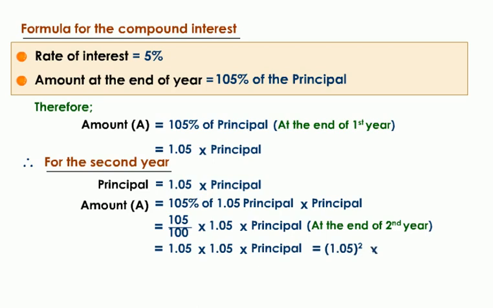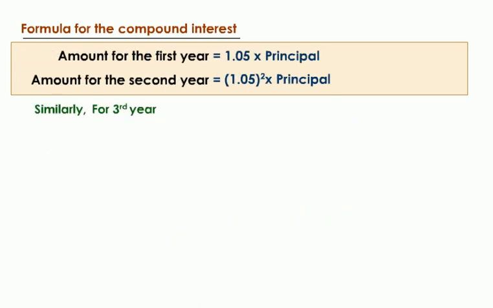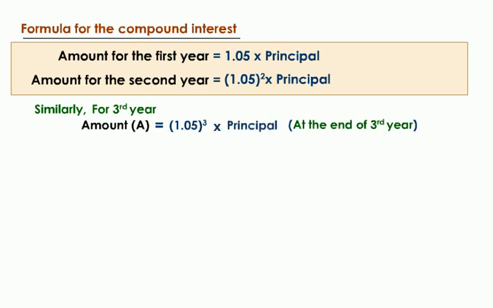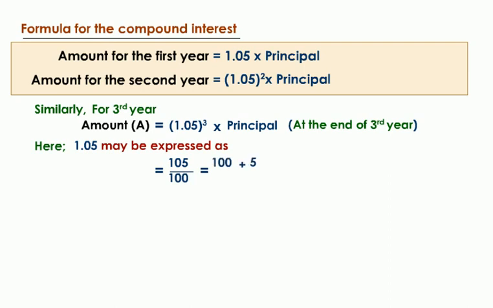Here, 1.05 may be expressed as 105 divided by 100, equals 100 plus 5 divided by 100, or 100 divided by 100 plus 5 divided by 100. That equals 1 plus 5 divided by 100.